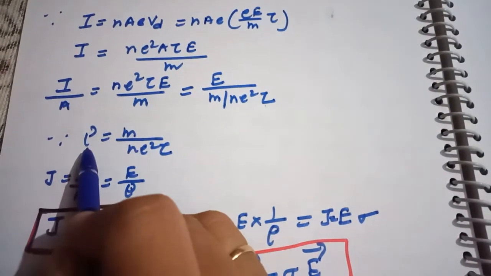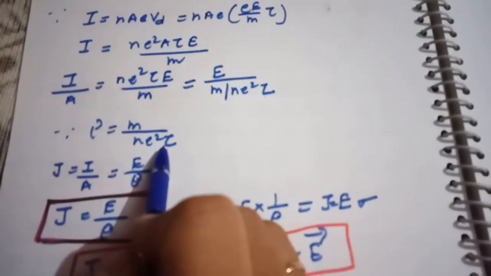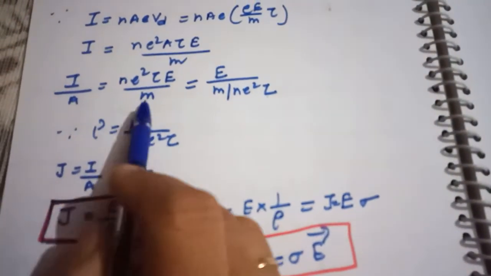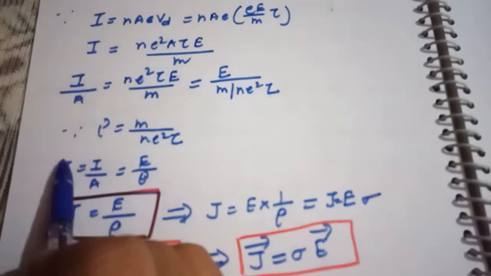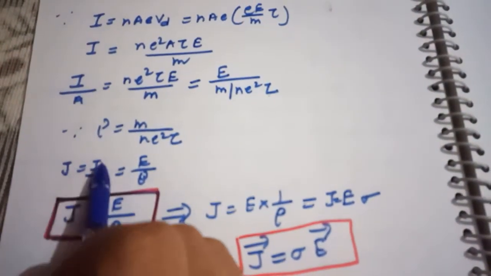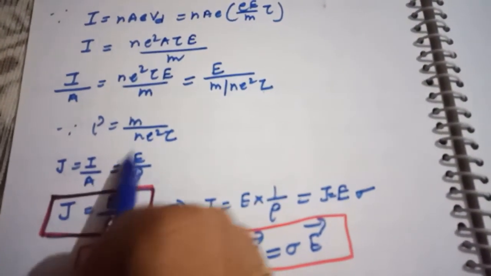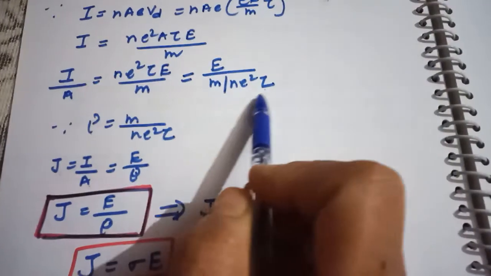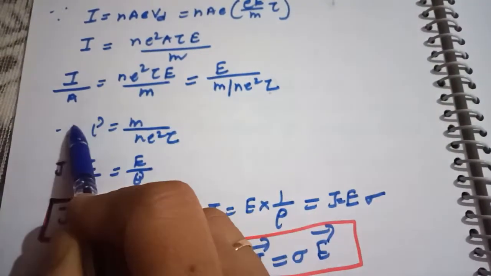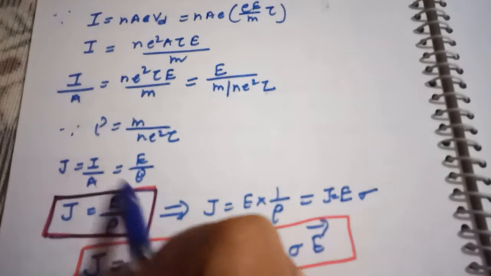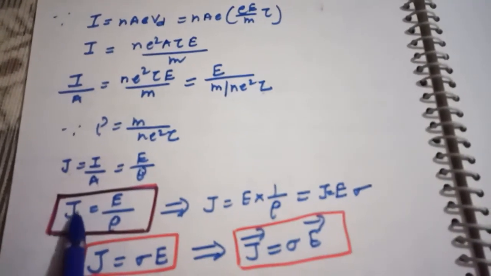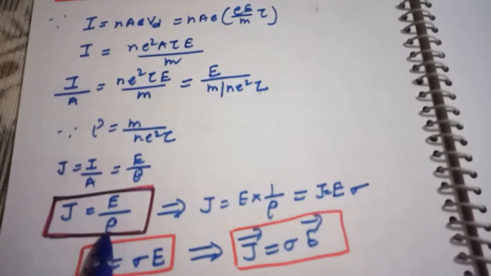So you all know very well, yesterday I had discussed ρ = m/(ne²τ). So in this formula, I by A, which means current density, current per unit area, is equal to E, and this value will be equal to ρ. So E by ρ is the formula of current density in terms of the resistivity.